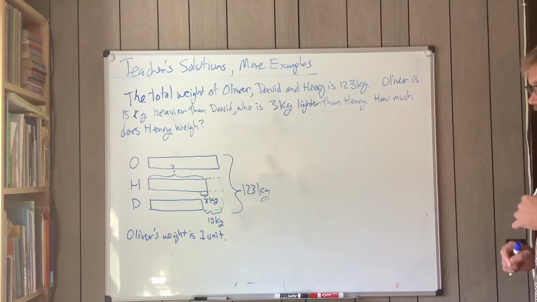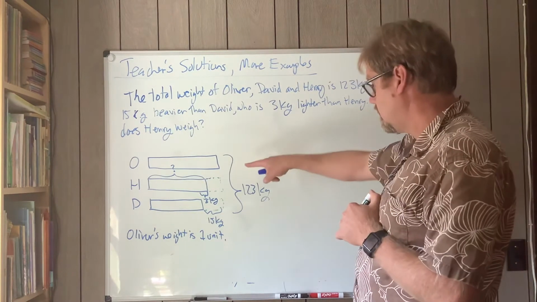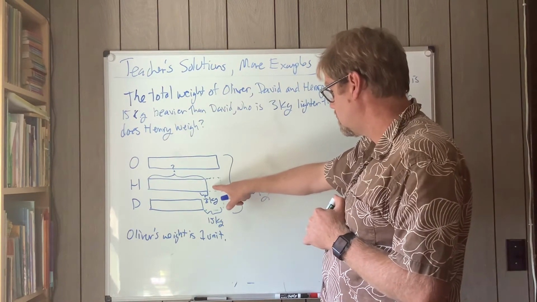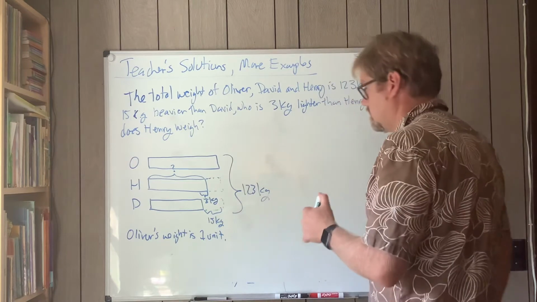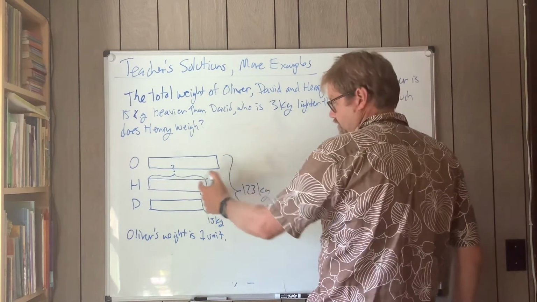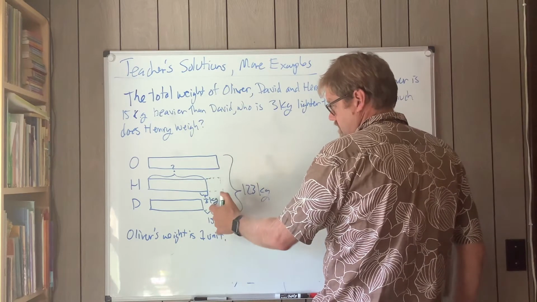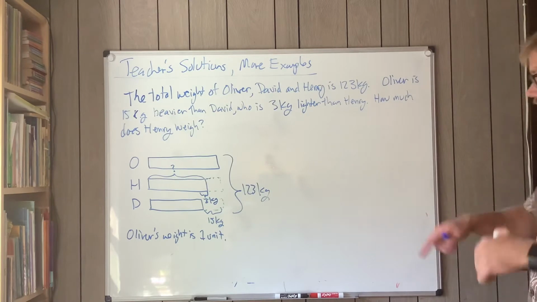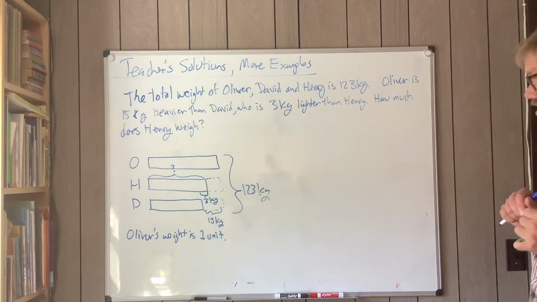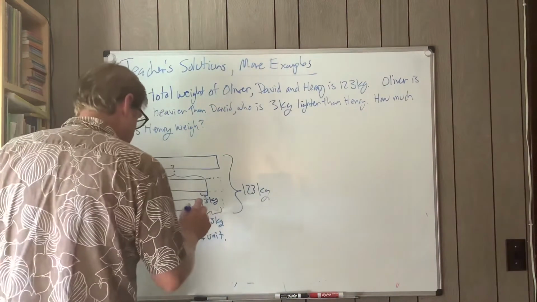And so here's what I'm going to do is I'm going to say Oliver is 1 unit, and then if I take this amount and this amount, then altogether it's going to be 3 units.